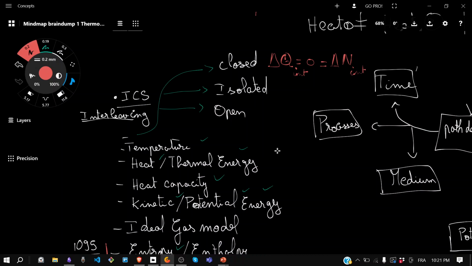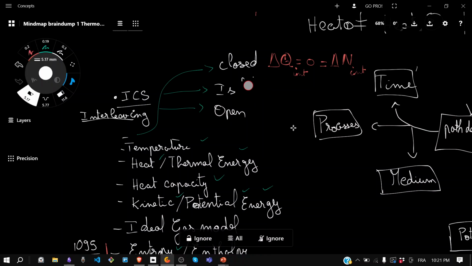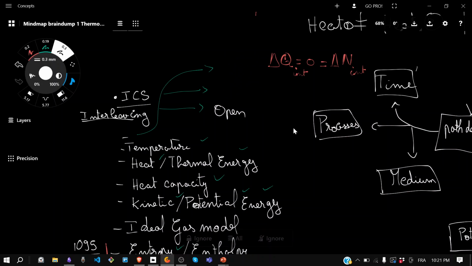Internal number of particles. Oh, sorry, that's for isolated. My bad. So I'm just going to change the words, but this is for isolated. Closed means that you have a change. So what do we have for closed?